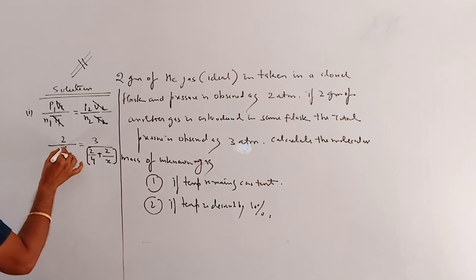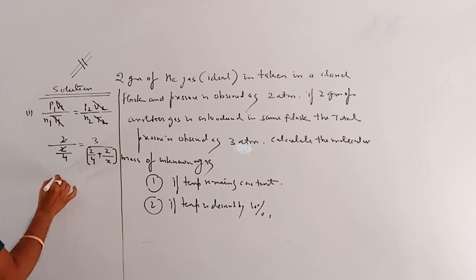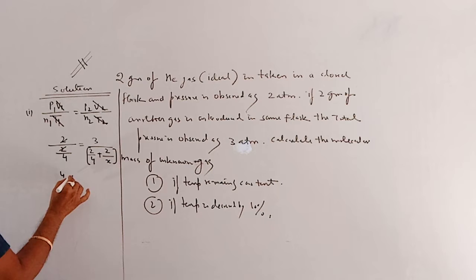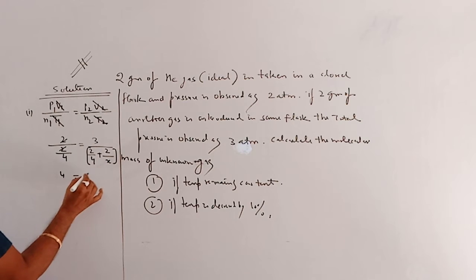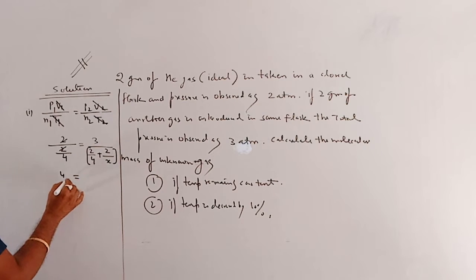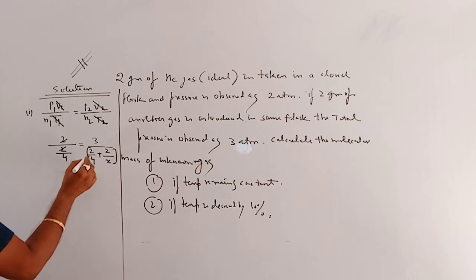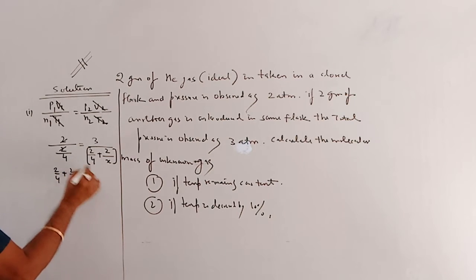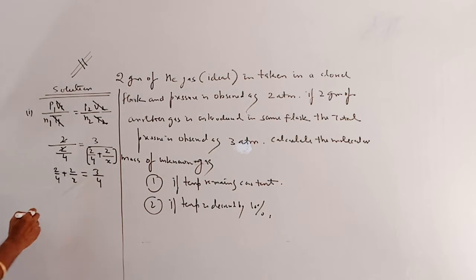So it is 2 by 4 is equal to 2/4 plus 2/x is equal to 3/4.